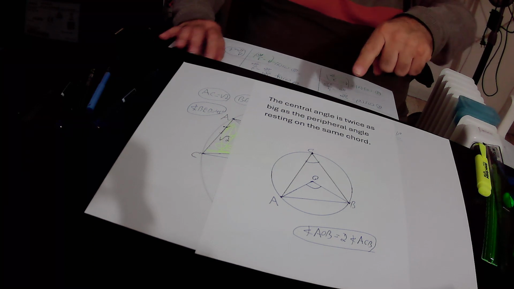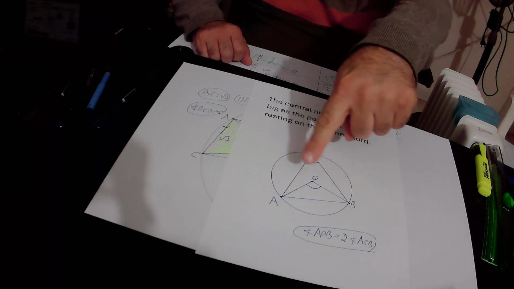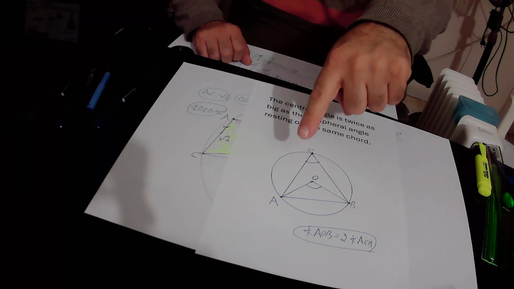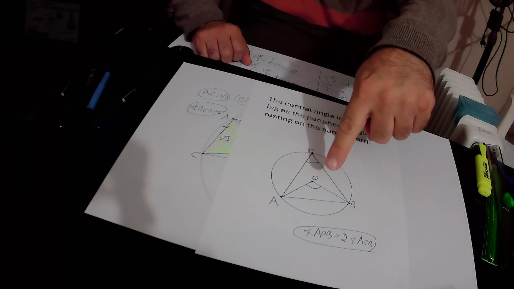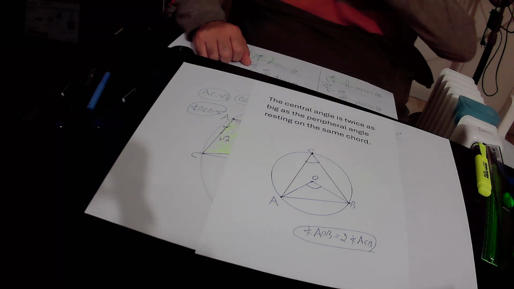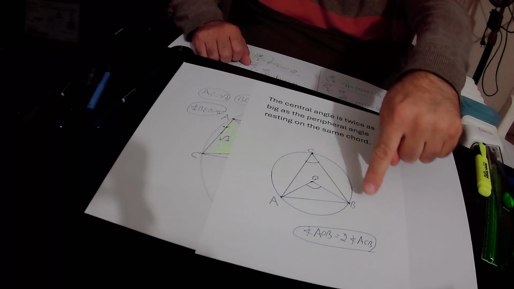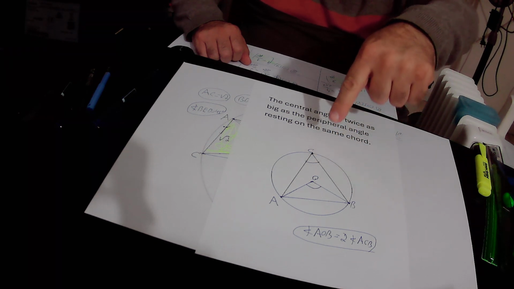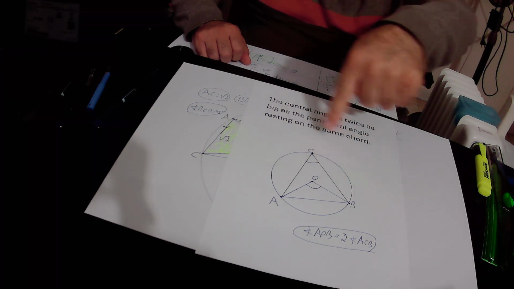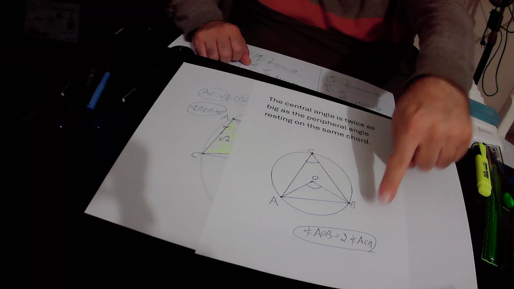So here we have the peripheral angle ACB that rests on chord AB, and the central angle AOB. This angle also rests on the same chord called AB. Therefore, according to this rule, the central angle AOB equals 2 times the peripheral angle ACB. So angle AOB equals 2 times ACB.